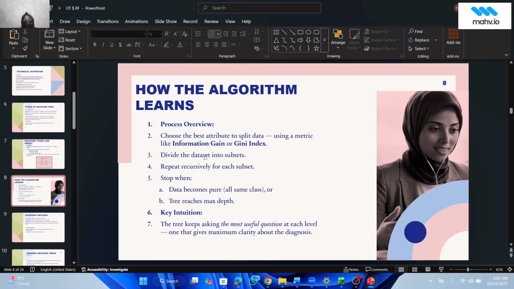Divide the dataset into subsets, repeat recursively for each subset, and stop when the data becomes pure, meaning all have the same class, only yes or only no. Also stop when the tree reaches the maximum depth. The tree keeps asking the most useful question at each level, the one that gives the maximum clarity about the diagnosis.